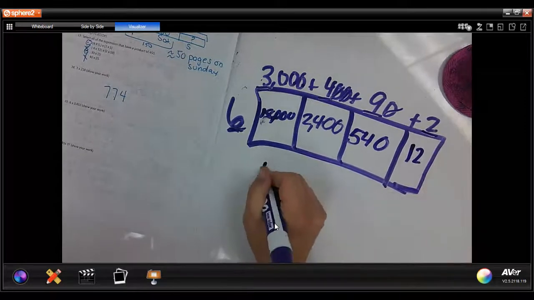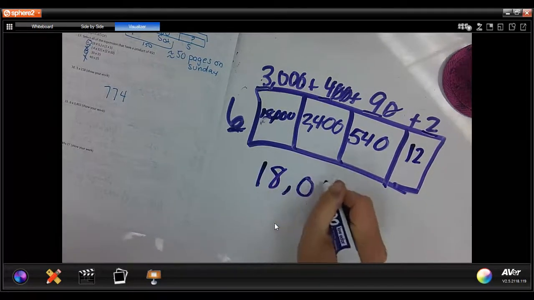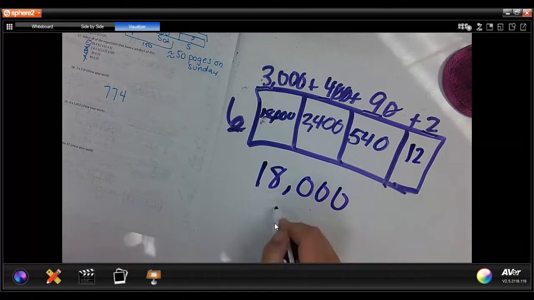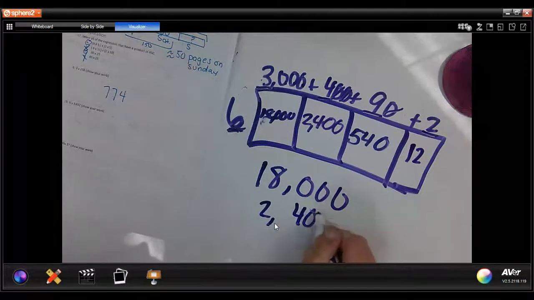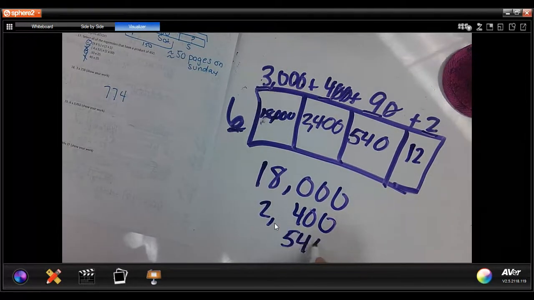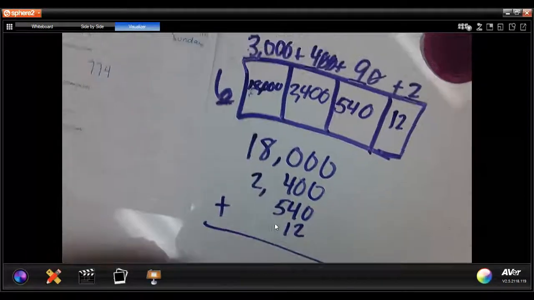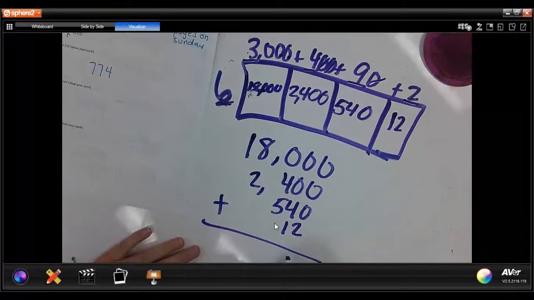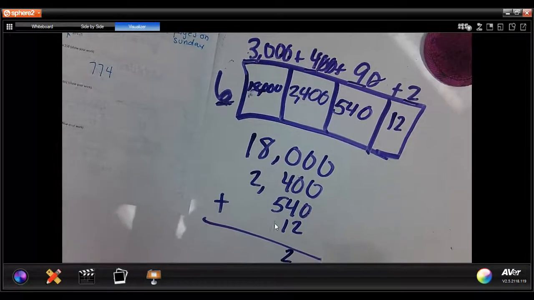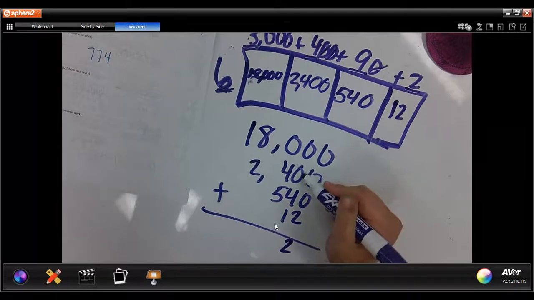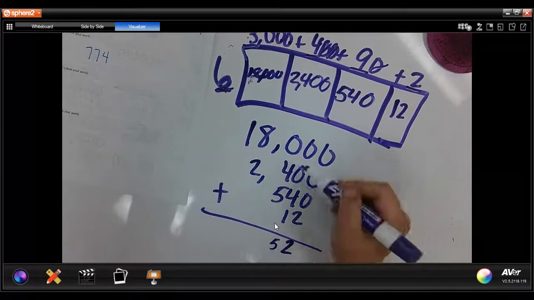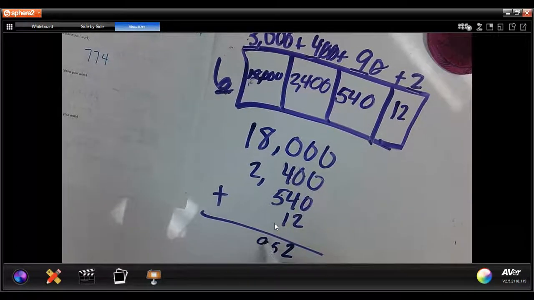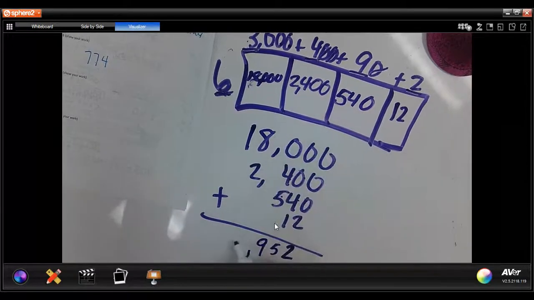Add them all up. 18,000 plus 2,400 plus 540 plus 12. I'm just a mess with this thing right now. Okay, 0 plus 0 plus 0 plus 2 is 2. Still can't fully see that. Then 0 plus 0 plus 4 plus 1 is 5. 0 plus 4 plus 5 is 9. 2 plus 8 is 10.